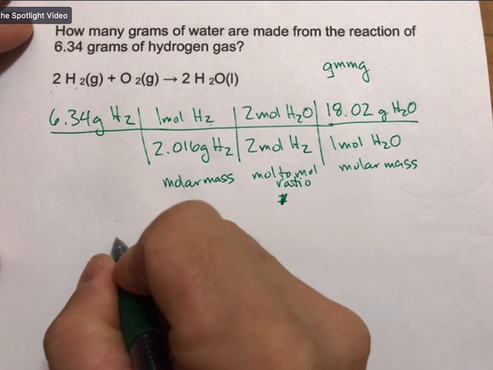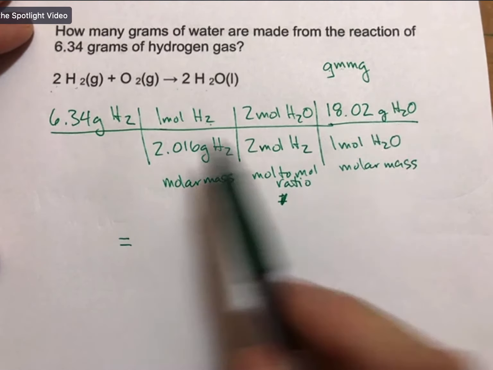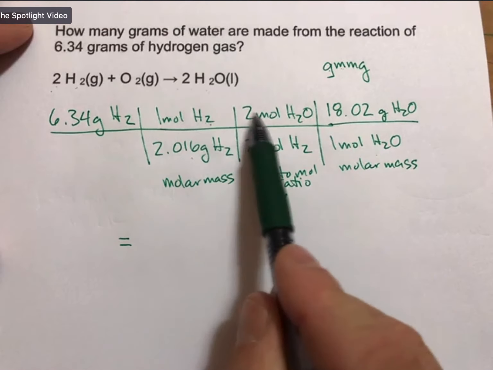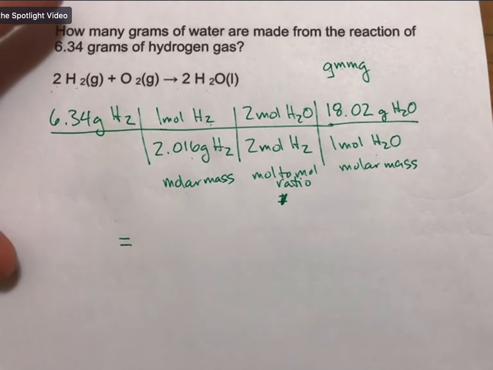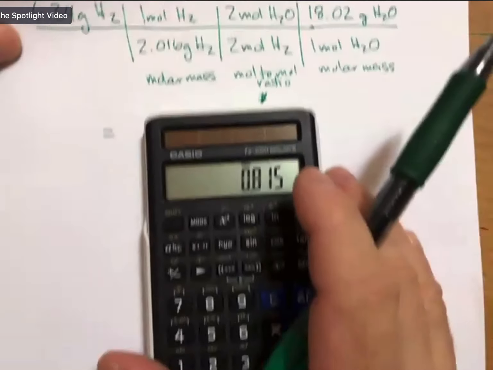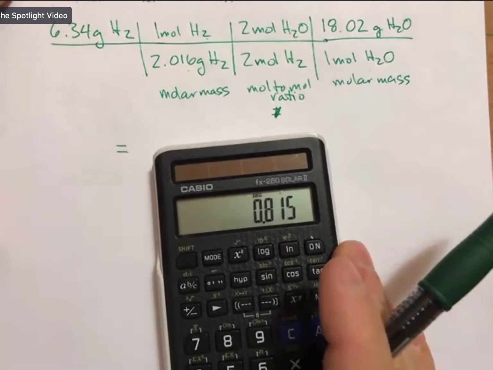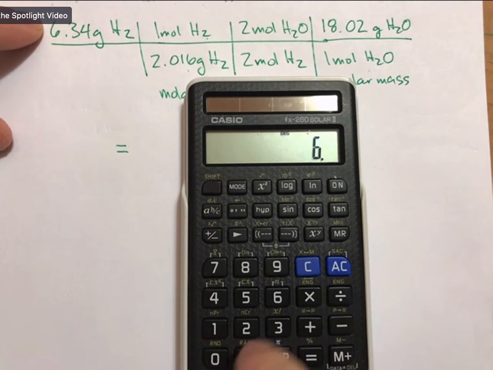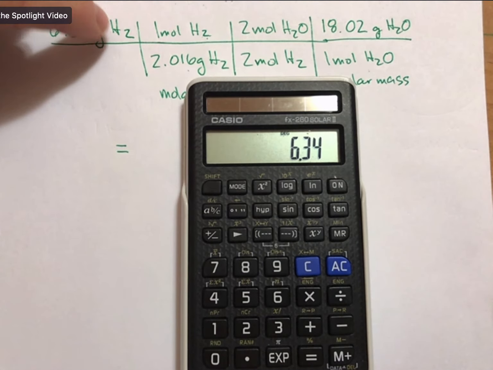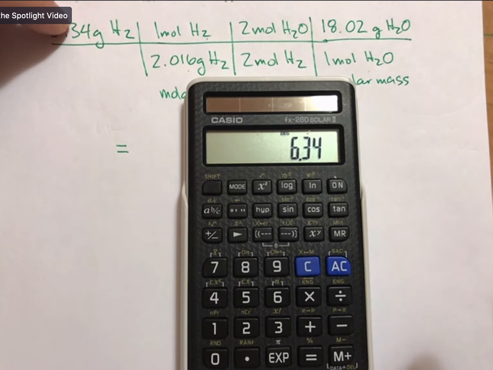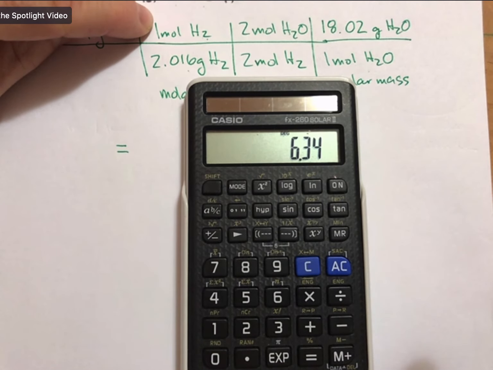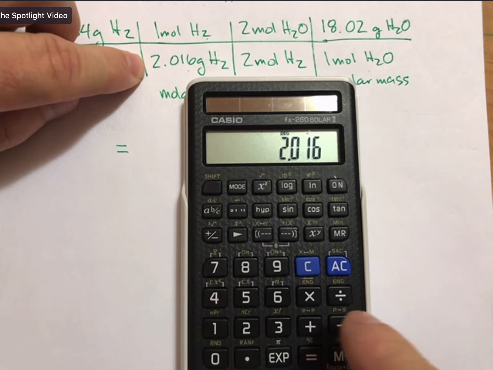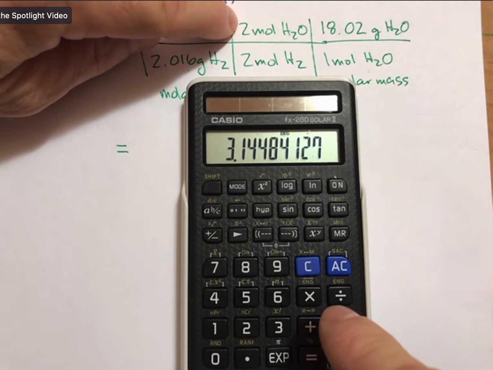Okay, so now I've set up my picket fence with my 3 unit conversion factors. Now I have to multiply numbers that are on the top and divide by numbers on the bottom. Let me highlight how I'm doing this. I have 6.34 grams. I tend to go from left to right, meaning 6.34 times 1, which I don't have to do, divided by 2.016, times 2, divided by 2.